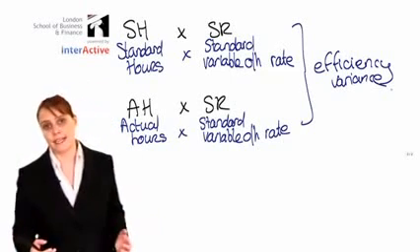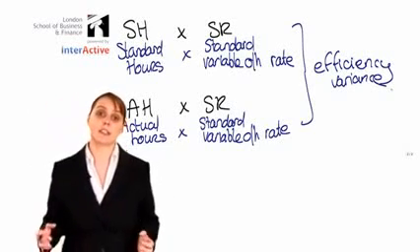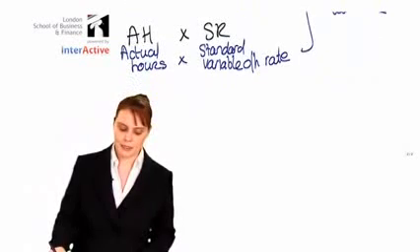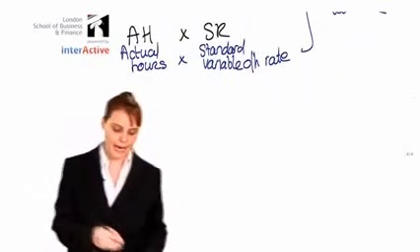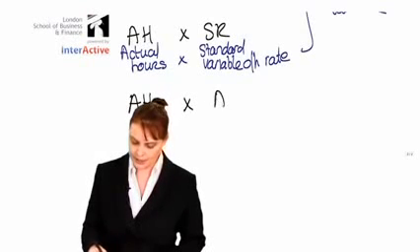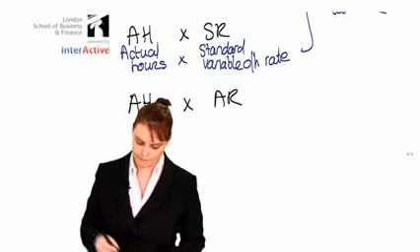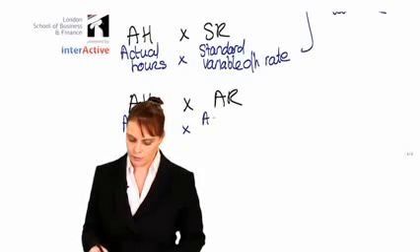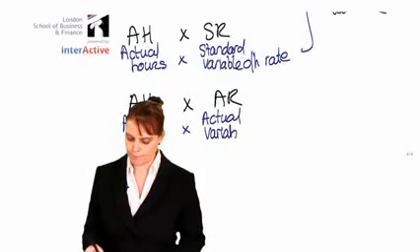Our second variance then is our variable overhead expenditure variance. So we will calculate that by comparing our actual hours at the standard rate to our actual hours at the actual rate. And again, our actual rate here will be our actual variable overhead rate.